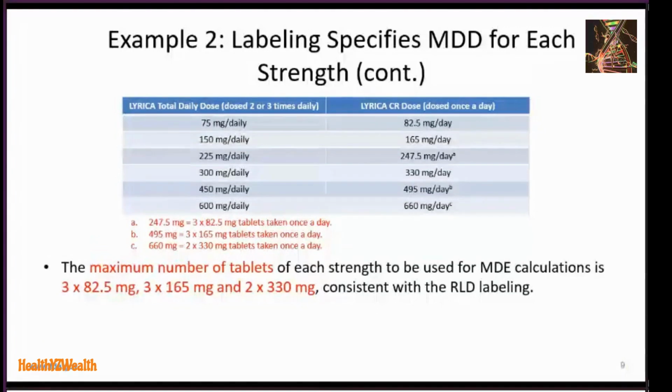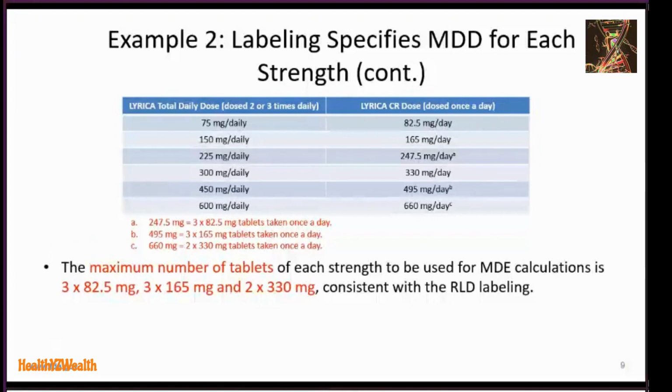If a patient is taking 450 milligrams of Lyrica daily, the CR dose would be 495 milligrams per day. And the footnote specifies that to achieve this, 3 of the 165 milligram tablets should be taken once a day.